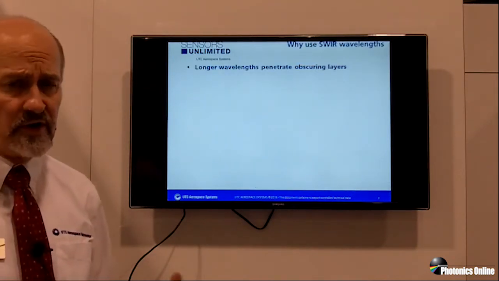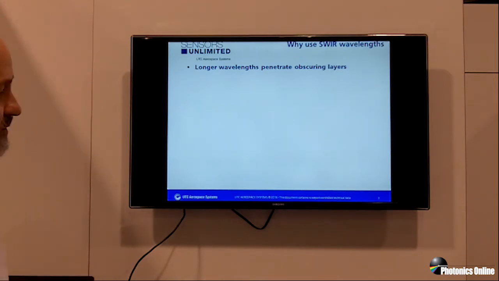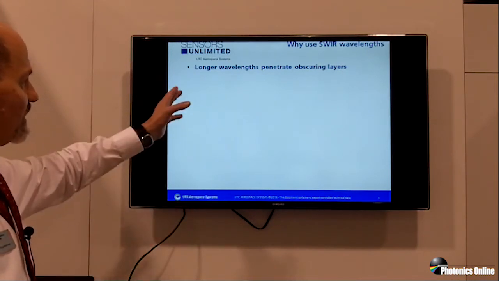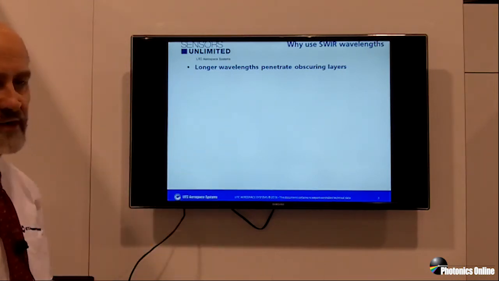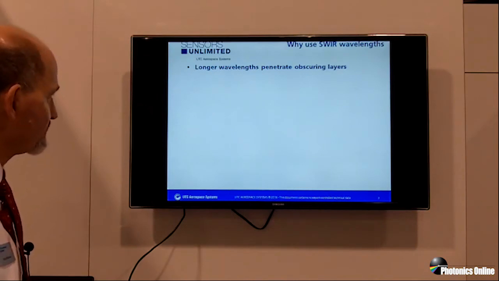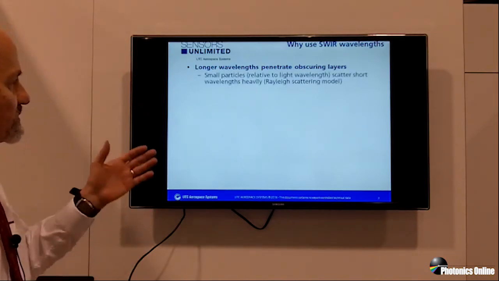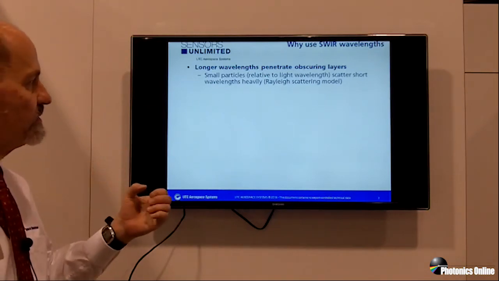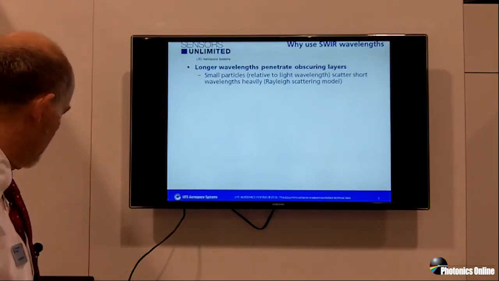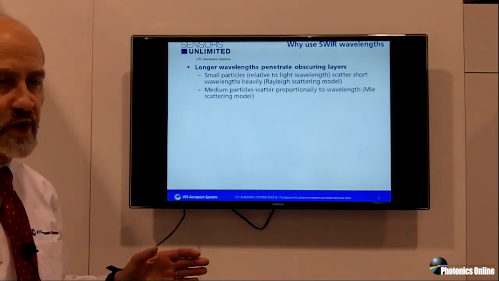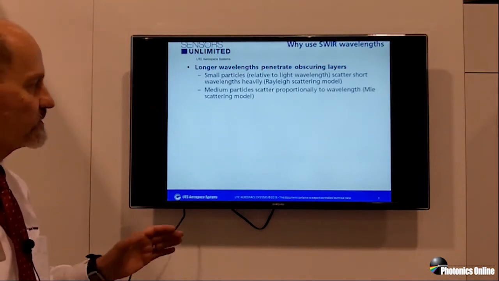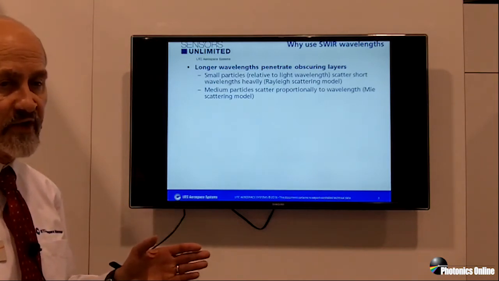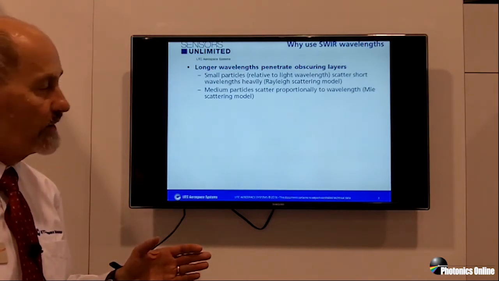So why do we want to use SWIR wavelengths? One of the principal things that dominates many things is that longer wavelengths penetrate obscuring layers. This helps us in things like fog, because small particles scatter short wavelengths very strongly. As you transition to larger molecules, longer wavelengths, medium particles only affect wavelength linearly.